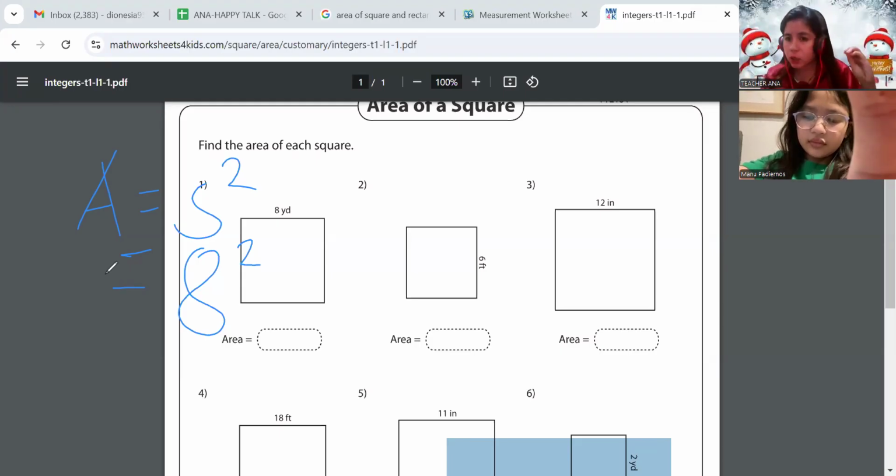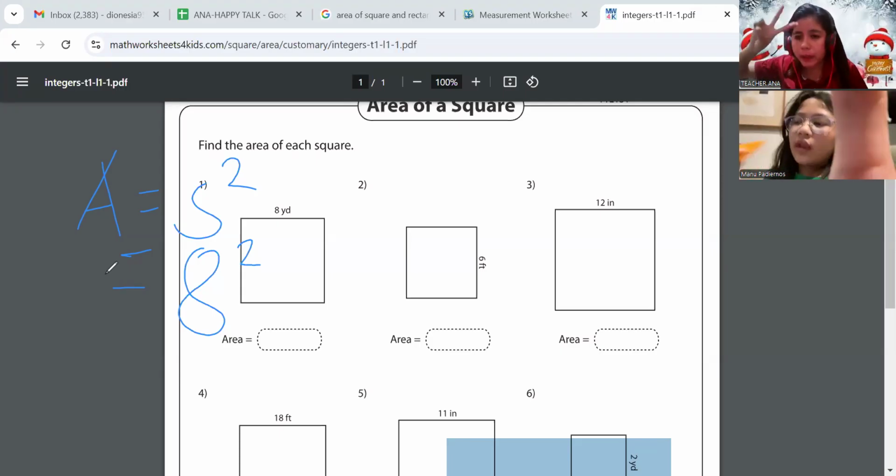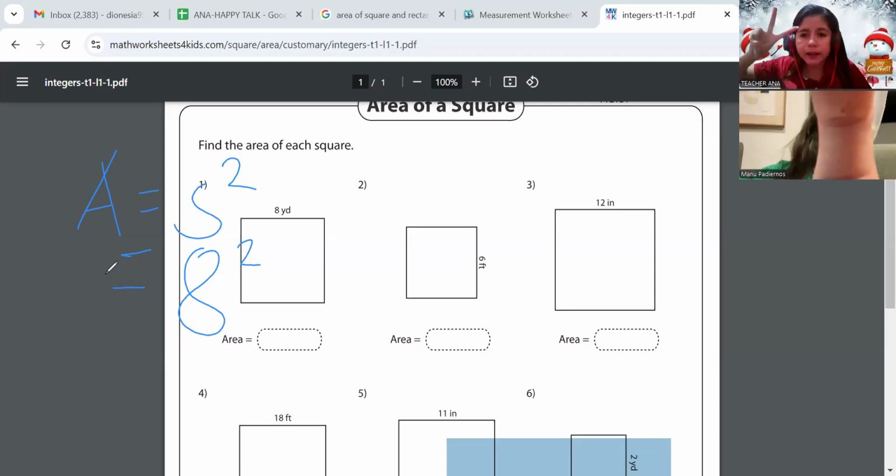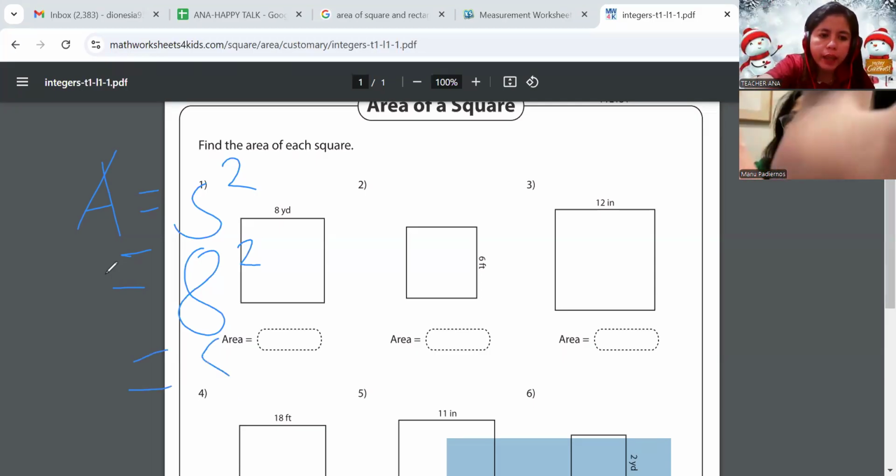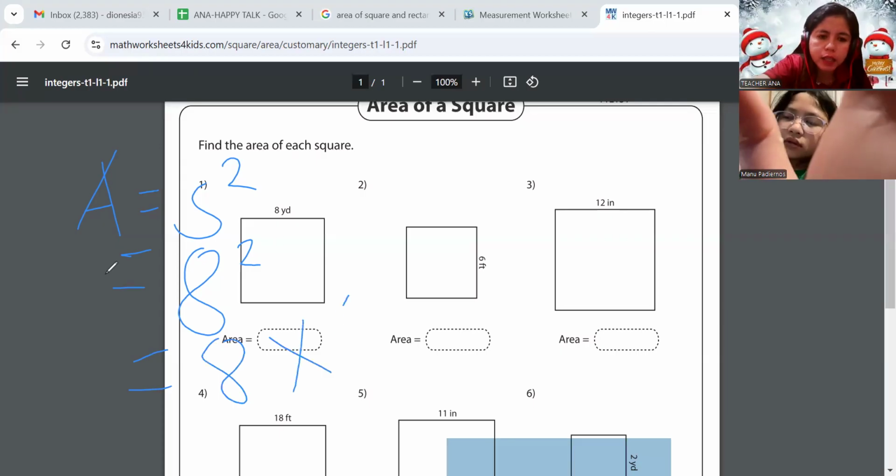So 8 squared means that 8 will be multiplied by itself 2 times, which is 8 times 8.